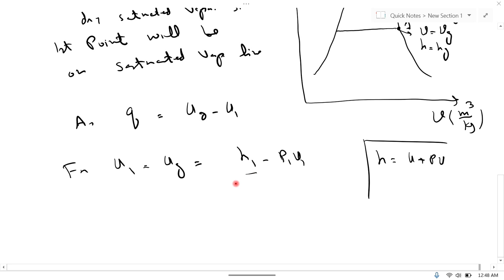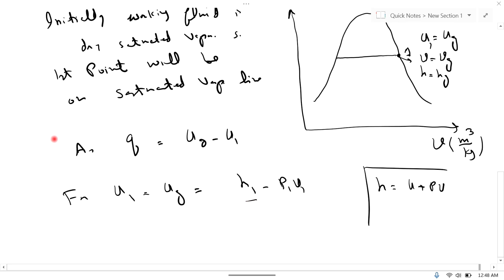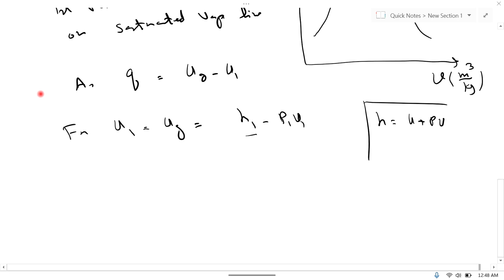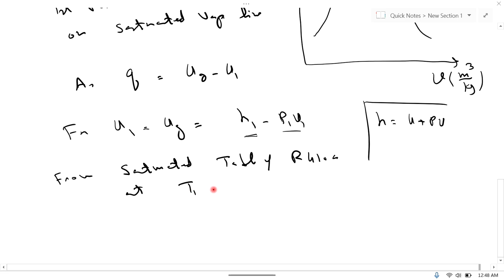So H1 will be equal to Hg, V1 will be equal to Vg, and P1 is the saturation pressure of vapor. We will find these values from the saturated table of R410A at temperature T1 is equal to 0 degree centigrade.